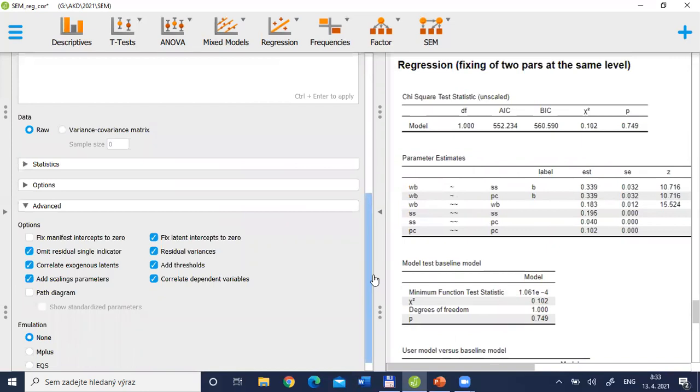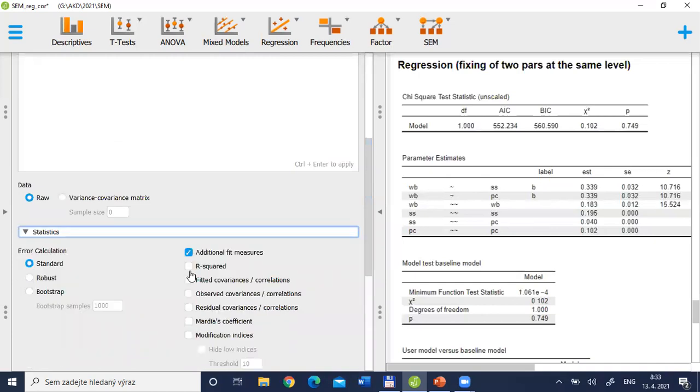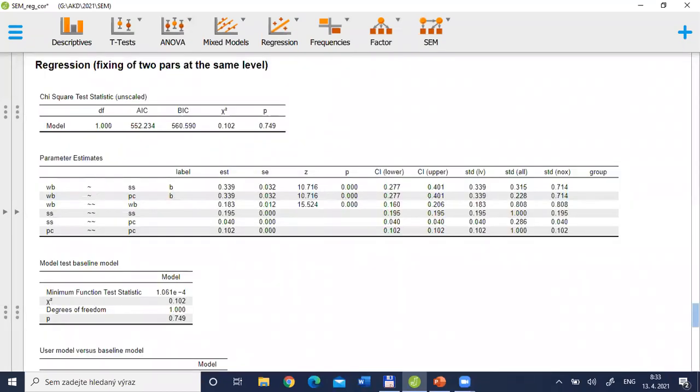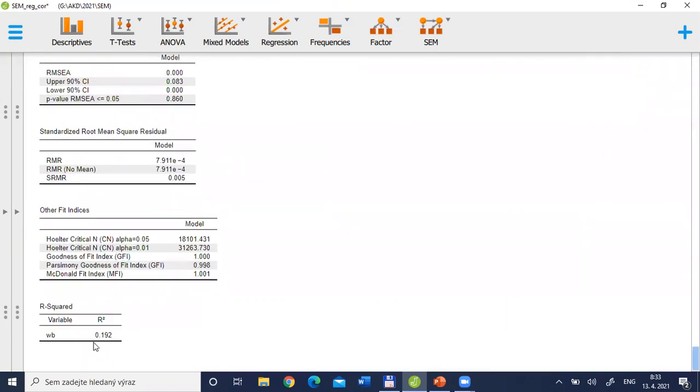If I would like to check it, I can go to statistics and ask here for R-squared statistics. This is the same style as for regression. It just adds one more table into my output. If we wait a minute, we would get a new output here and you can check it. Where is it? This is the table and you can see 0.19.